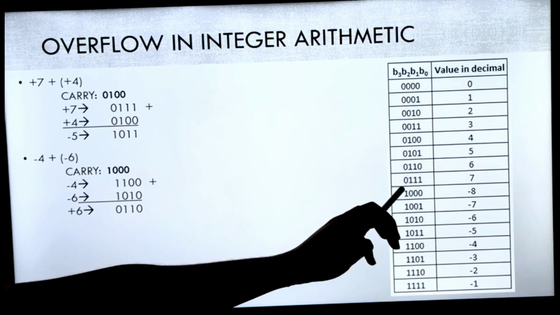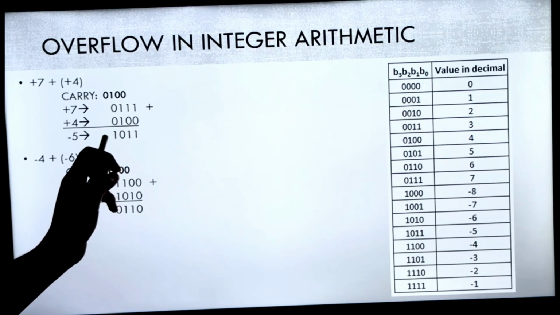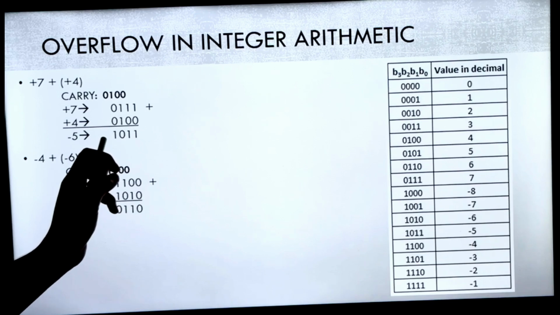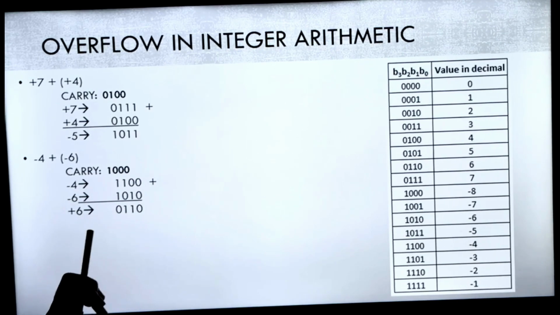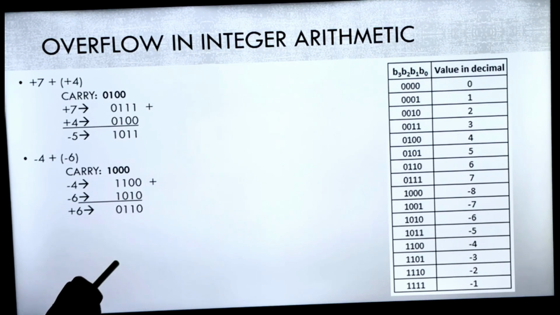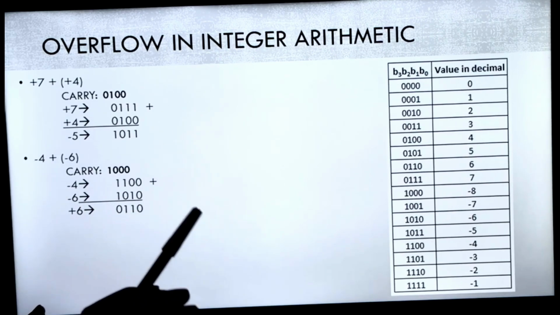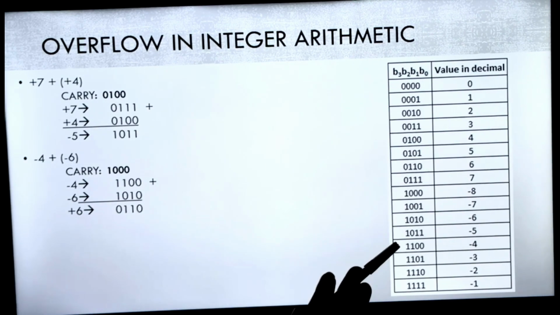It's plus 7, not plus 11. So we should know that I need one more bit. Which bit will I consider? The final carry out bit. Similarly here also. This is the official way to determine. Next, there is another way to determine. I will not say it's a shortcut. This is another official way to determine whether there is an overflow or not. If there is an overflow, you have to consider the carry out bit. If no overflow, ignore the carry out.